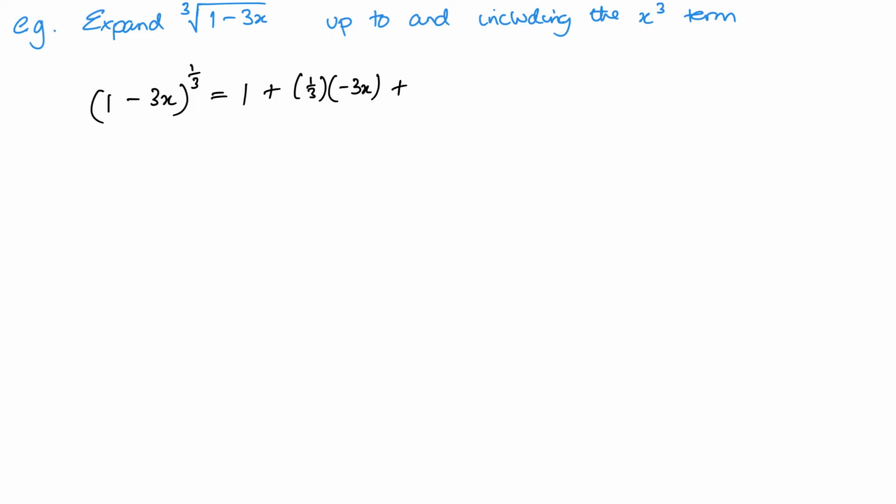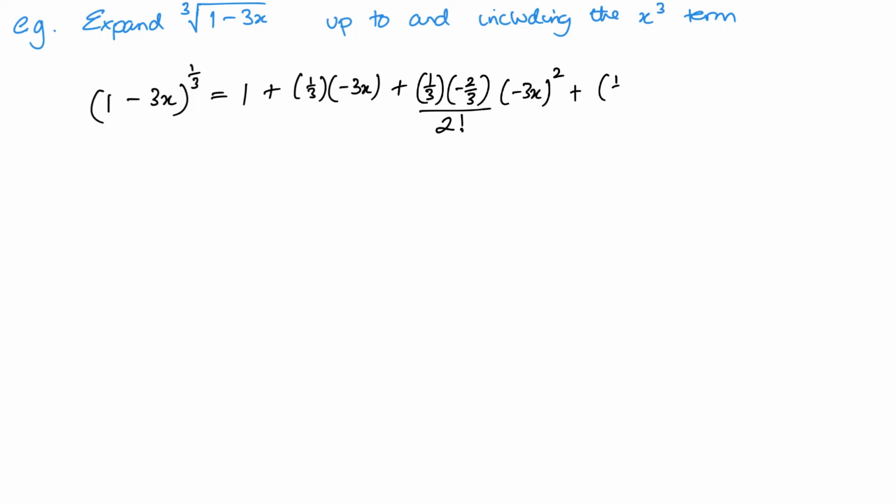And then my next term is going to be n minus 1. So if I take 1 away from 1/3, I get negative 2/3. It's going to be over 2 factorial, and it's the minus 3x squared.